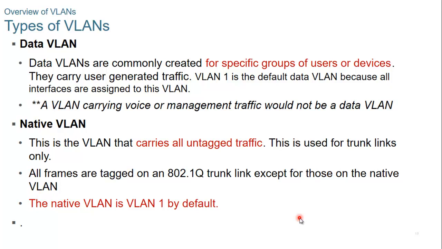We will see a lot of this protocol, 802.1Q, and down the line, it will be known as .1Q. The native VLAN is VLAN 1 by default. Of course, then we have to change it to something else because we don't want it to stay as VLAN 1.